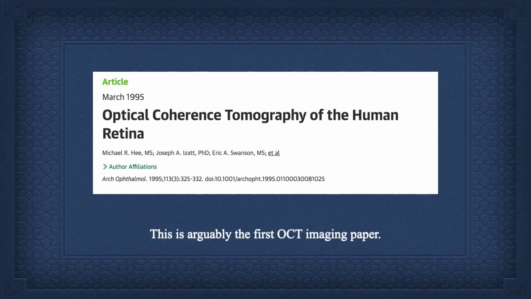But this is the paper by the same team. And to me, in this paper, you actually saw the layers of the retina. And so cardiology work was already ongoing at this time.